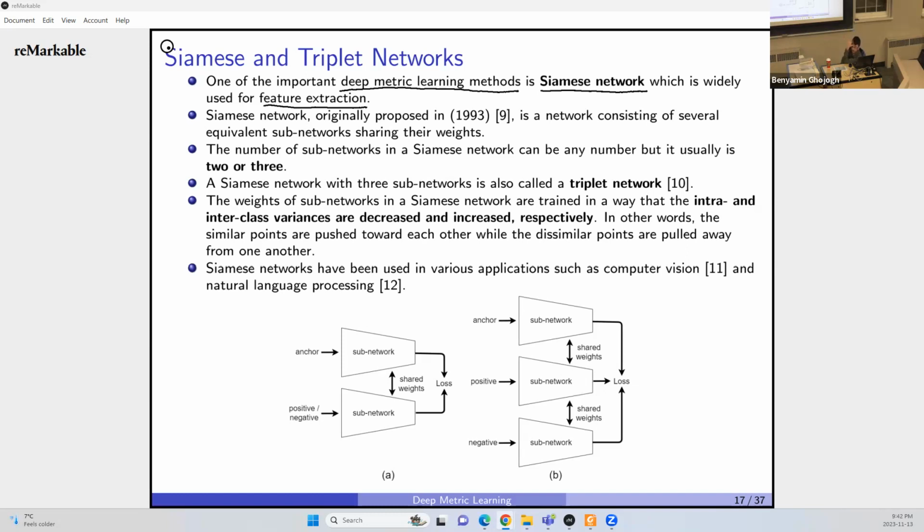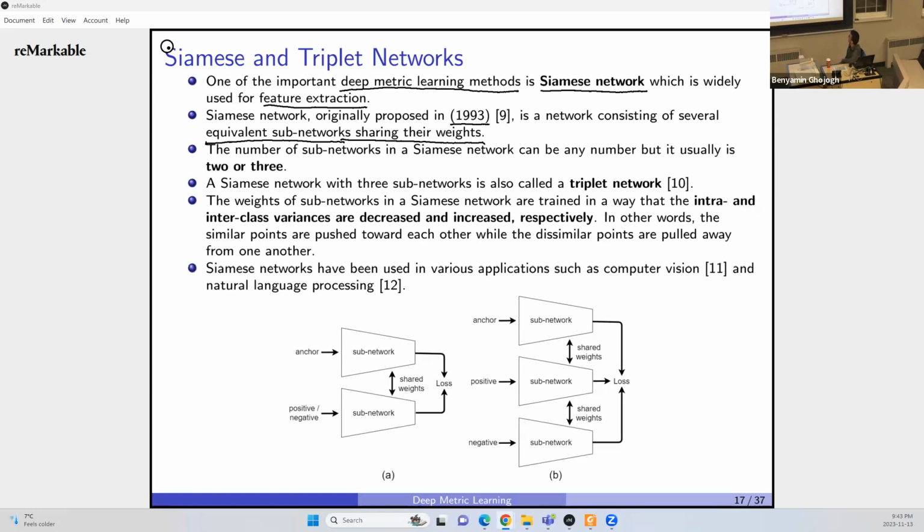The Siamese network was originally proposed in 1993. It's a network consisting of several equivalent subnetworks sharing their weights. Siamese in English apparently means twins, something like that. So that's why it's called Siamese. So we have subnetworks sharing their weights. Usually we have either 2 subnetworks or 3 subnetworks, sharing their weights. So their weights are the same.